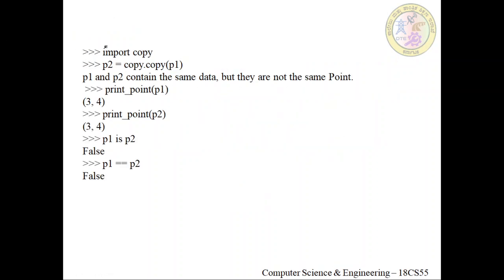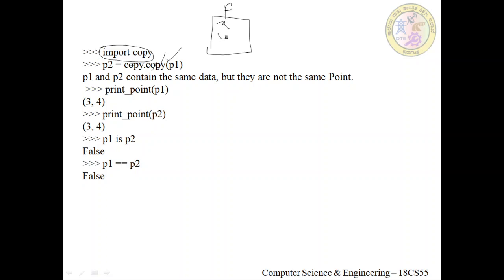We have to import the copy module and then call the copy function of the module copy. In this case, P1 will get a separate memory location. After execution of this particular line, your object diagram looks something like this.